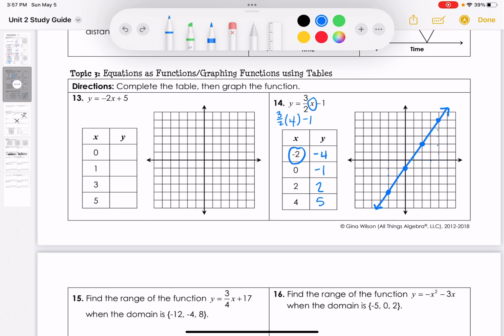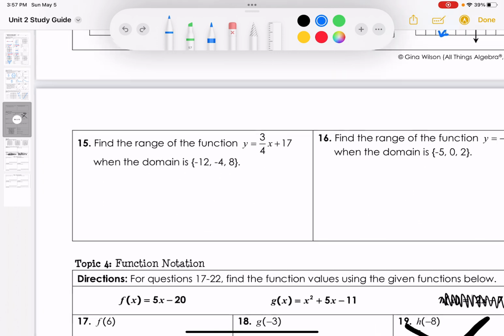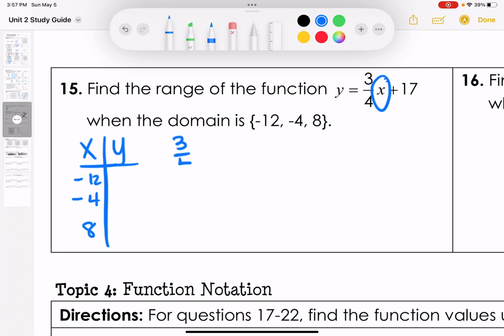Now looking at the next part, they want you to find the range and they give you the domain. So we're going to do 15. So remember, we're making our own XY table. I'm going to put the domain that they gave us, and I'm going to plug those numbers in for x in my function. So when you type it in, it should be 3 over 4, parentheses, negative 12 plus 17.